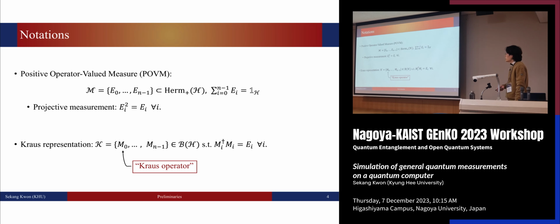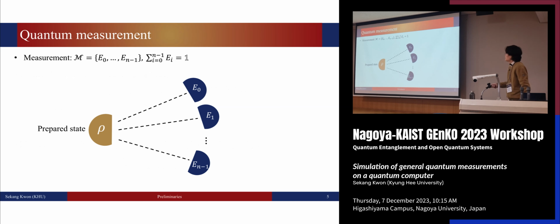And sometimes we represent the measurement operator in a Kraus operator form, which satisfies this relation. This is a quantum measurement diagram, but in the previous talk it was already explained, so I skip this.